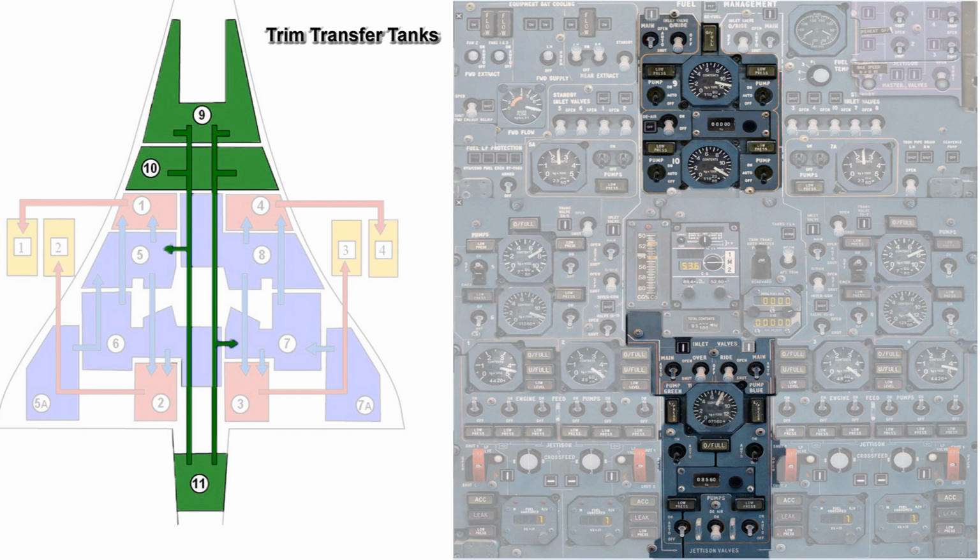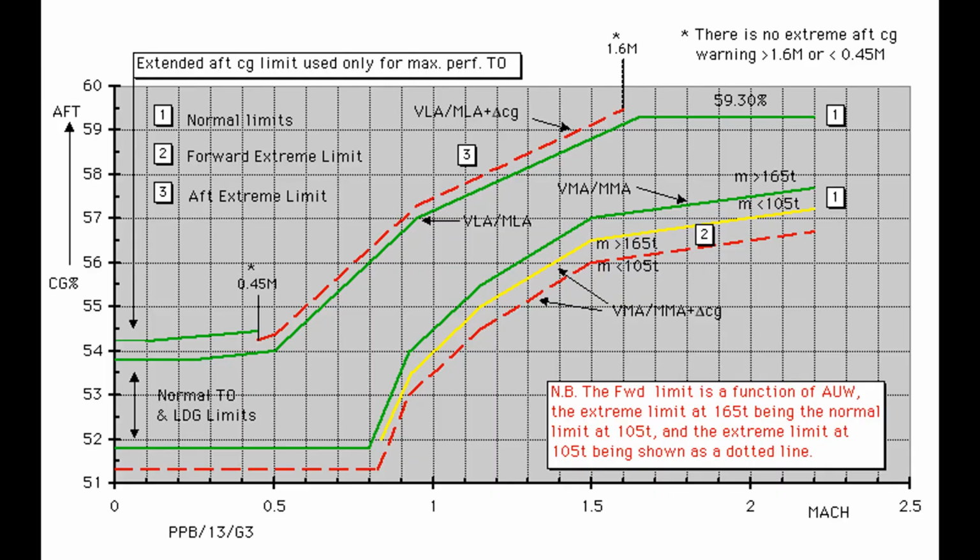So if you take a look at this diagram, you'll see that on the vertical axis, we have center of gravity of the aircraft, CG, where the larger number is aft. So a CG of 60 is aft, whereas CG of 51 is forward. And we have speed on the horizontal axis, 0 stationary up to Mach 2.5, which this Concorde never went, but that's the graph.